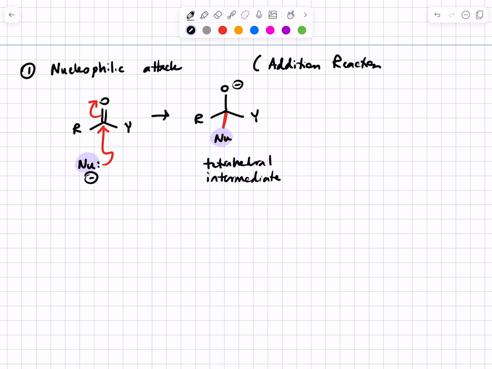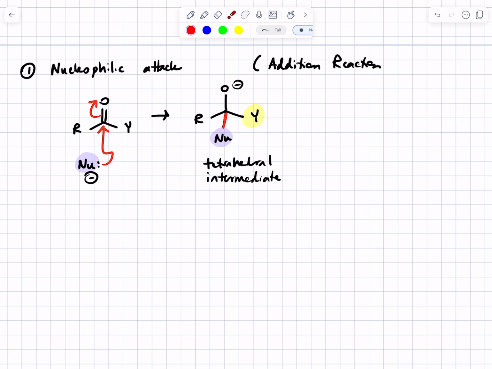Now it's sp3 hybridized. The fate of the tetrahedral intermediate is going to depend on the identity of the nucleophile and the Y group, and also on their reactivity relative to a negatively charged oxygen.